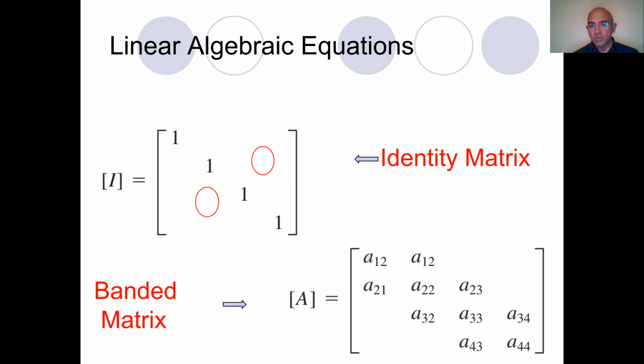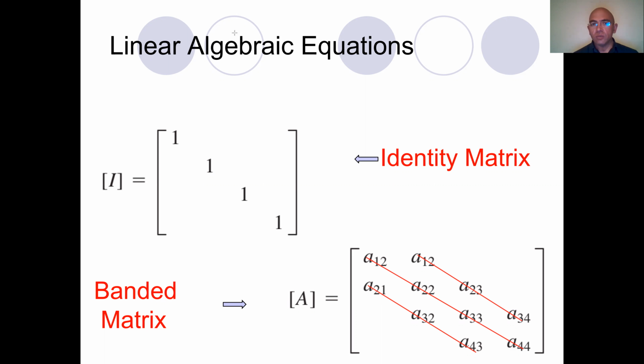As you see, we only have values at the diagonal which are non-zero, and there are two other lines at which the values are non-zero.